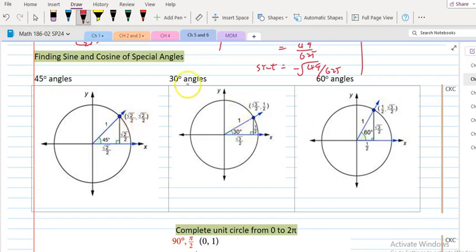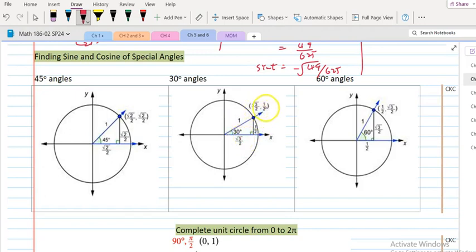Then for the 30 degree angle, I move a 30-60 right triangle into the unit circle with the hypotenuse 1. It cuts the unit circle horizontally at root 3 over 2 and vertically at 1/2, because for a 30-60 triangle, when the hypotenuse is 1, the short side, which is facing the 30 degree angle, is 1/2, and the other is root 3 over 2.